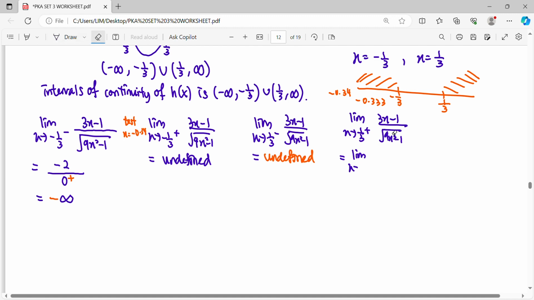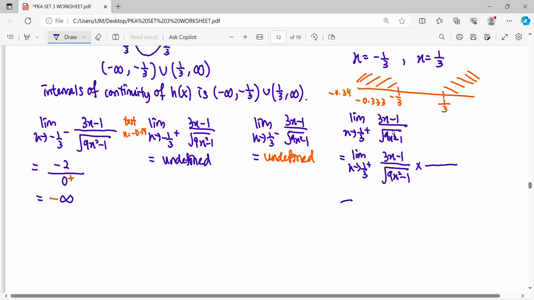So what function do you have here? Surd function. So you have to rationalize your surd function. It's not conjugate, this is only one surd, so you rationalize your surd function. How do you rationalize the surd function? Times with itself. Not conjugate.